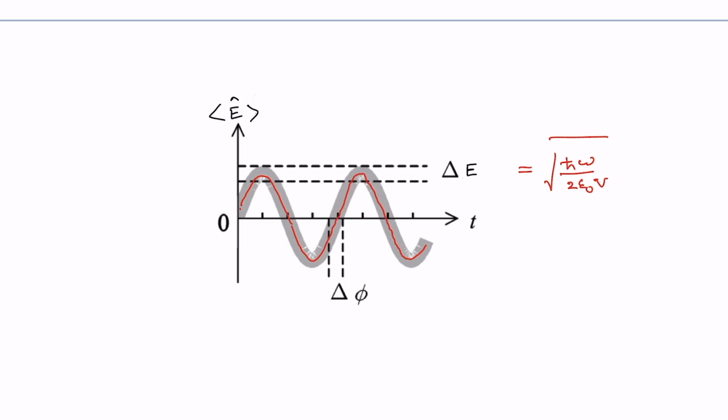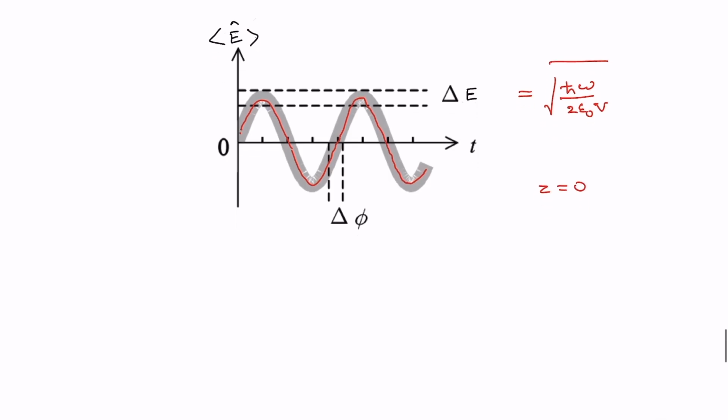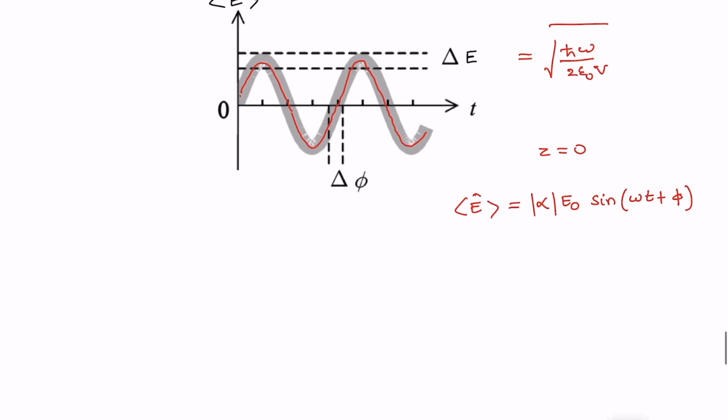By the way, let me also mention that in this plot we have taken z equal to 0, and therefore the electric field expectation value here I am taking as mod alpha E0 sine(ωt minus plus phi). And delta E, as I already wrote, is equal to square root of ħω by twice epsilon 0 V.